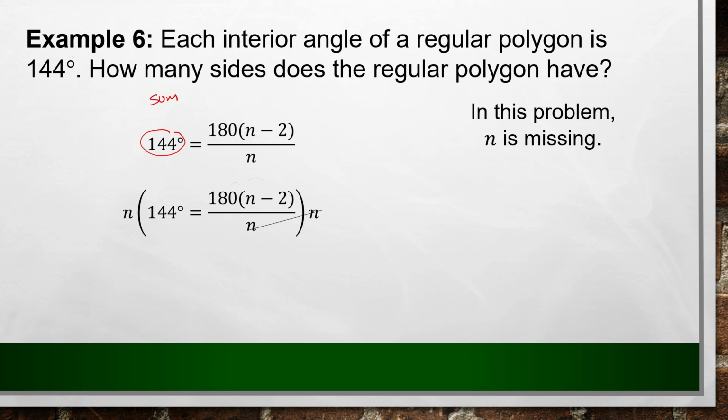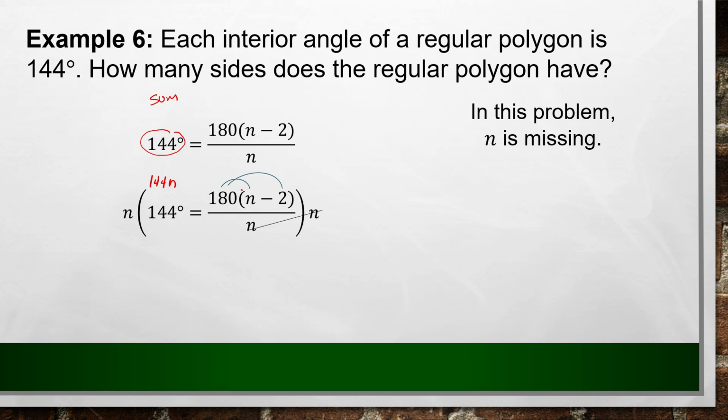So on the left, it's going to be now 144n. But don't forget to distribute the 180 to n minus 2. So we will be doing these two things. Actually, three. First, cancel the n. Second, multiply 144 and n, which gives us 144n.